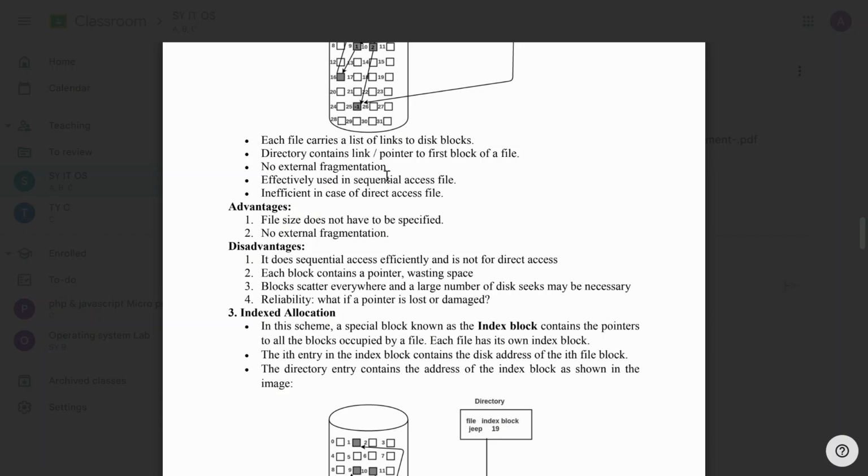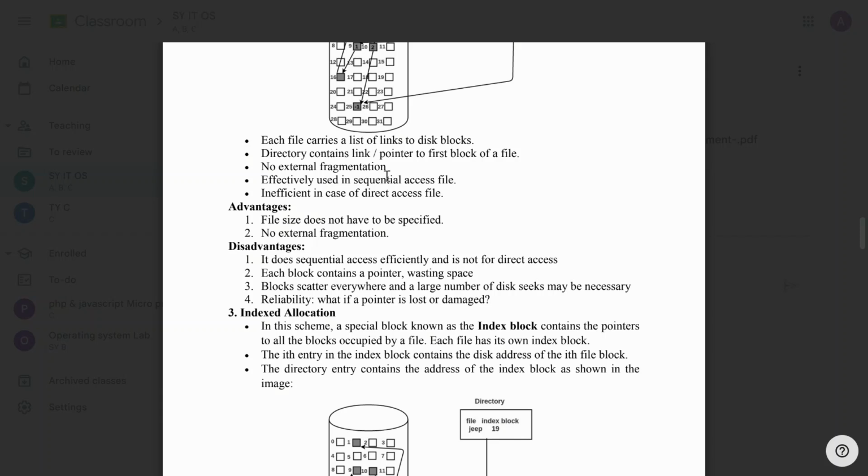Yes, as they are scattered on disk, we have to maintain the number of seeks. Now, reliability. What if a pointer is lost or damaged? Yes, it is not so reliable because pointer may get damaged or lost.